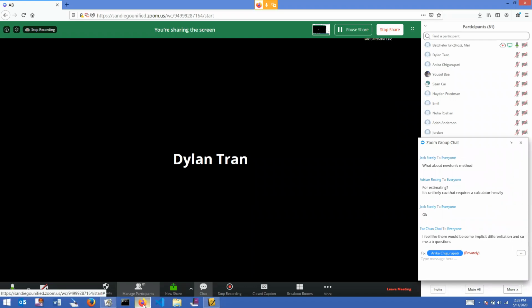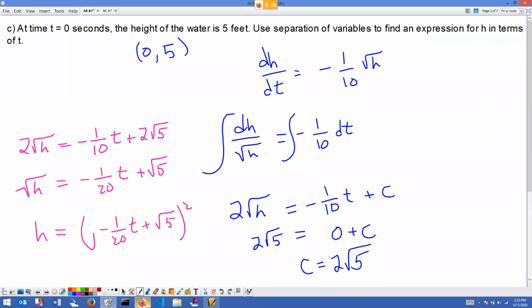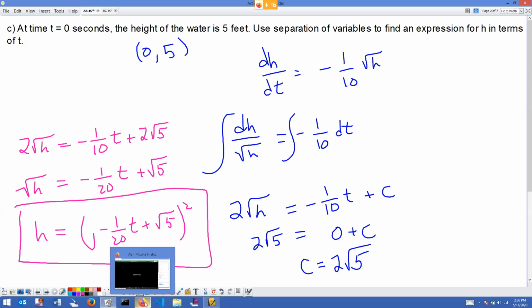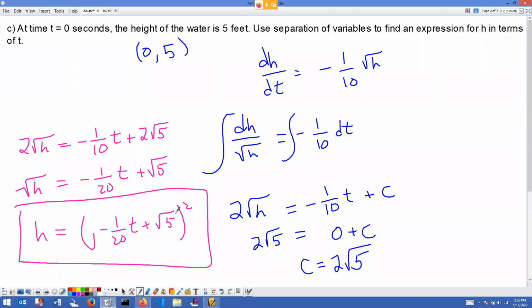So I'd be surprised if there wasn't. Any questions there on part C? Yes, Emil, there will certainly be differential equations. For example, this is a problem they said that you should for sure practice, and this is a differential equation.